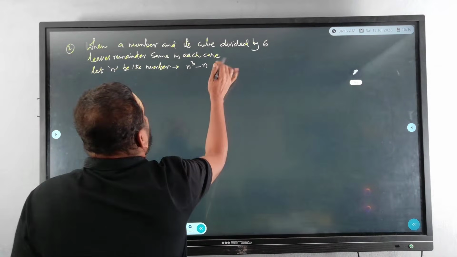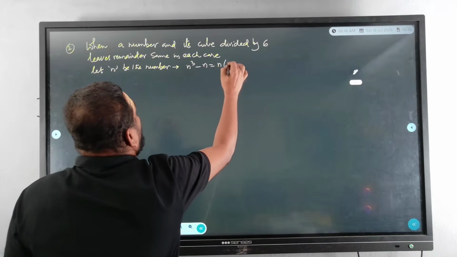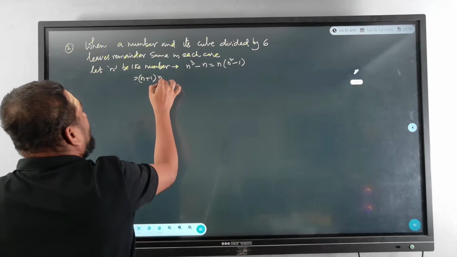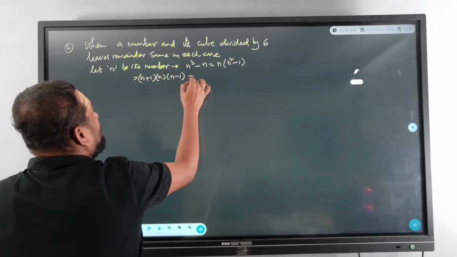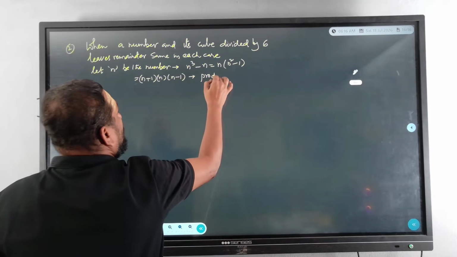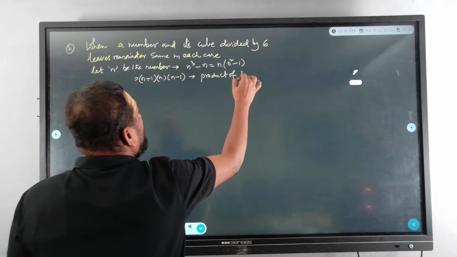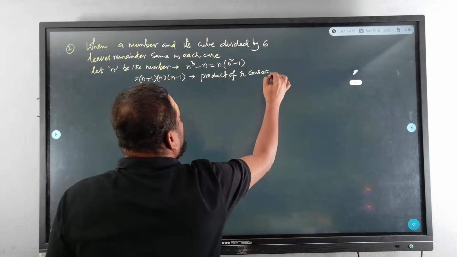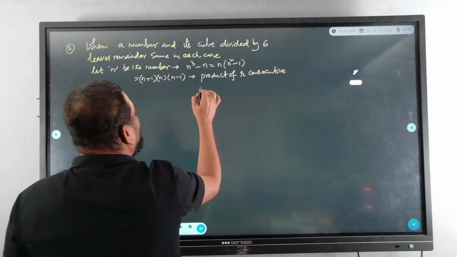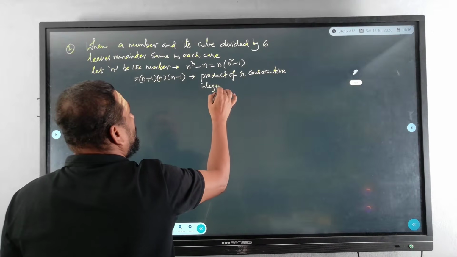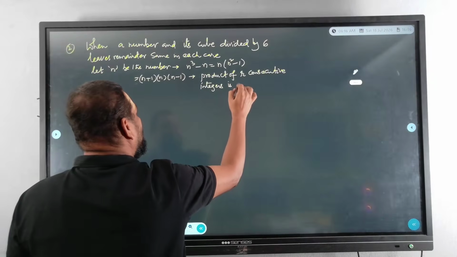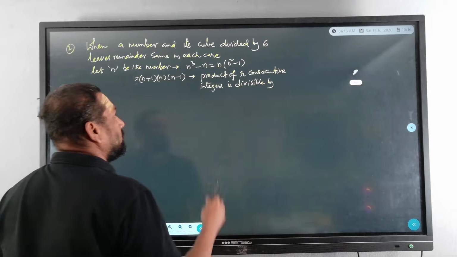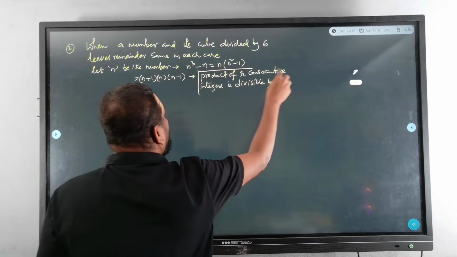What about n cube minus n? So n is common, n square minus 1. So this is n plus 1 into n minus 1. This is a product of consecutive integers. This is an important point.